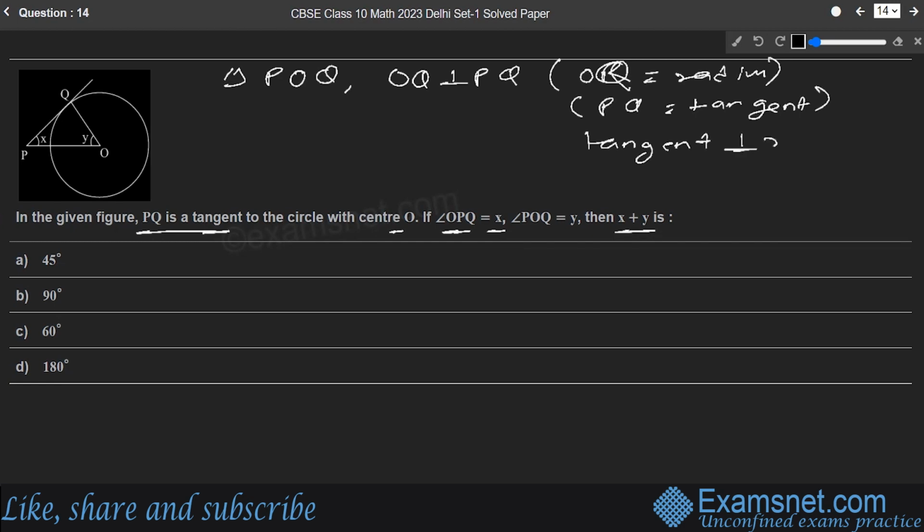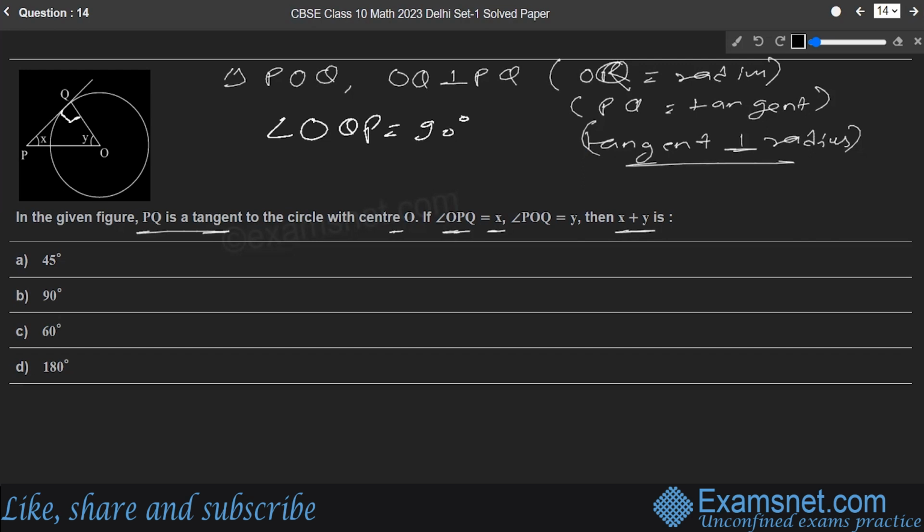So the angle created between the tangent and the radius is 90 degrees. So this particular angle is 90 degrees. So angle OQP is 90 degrees.